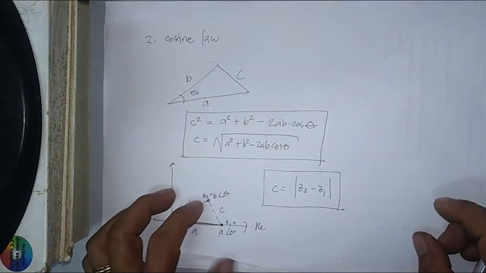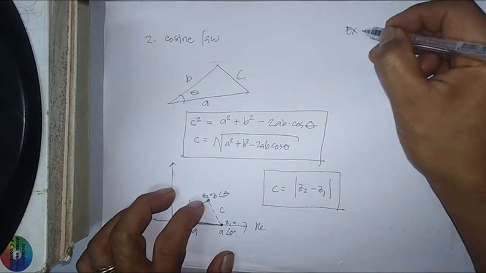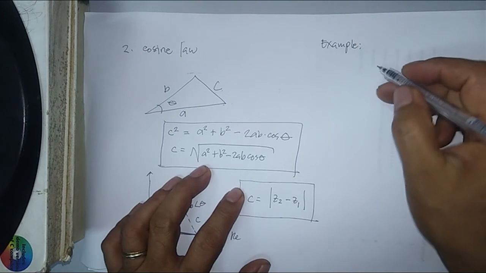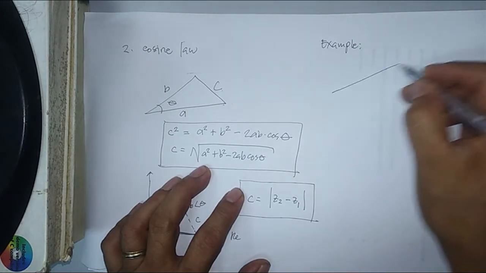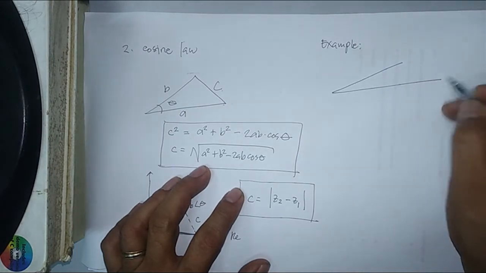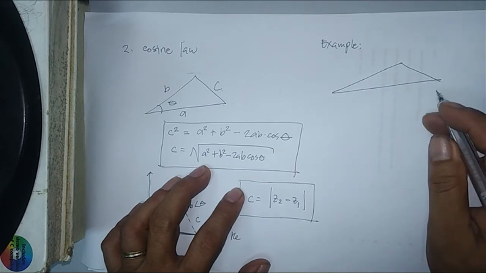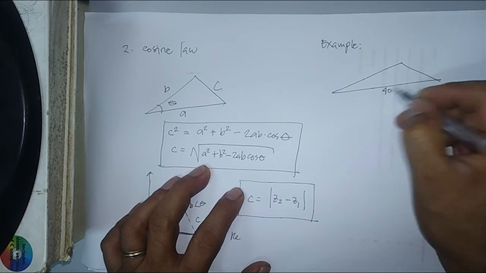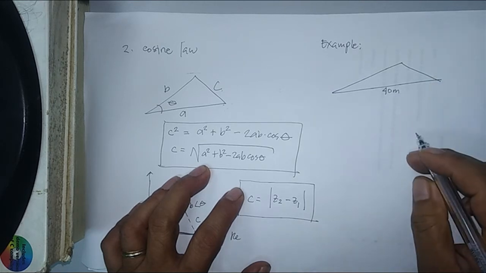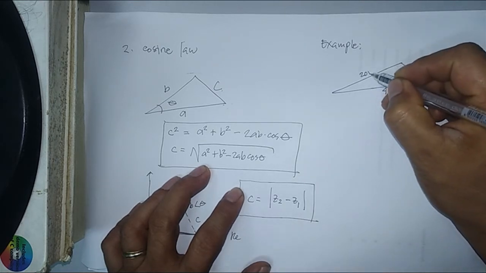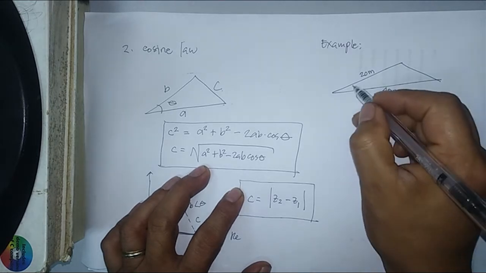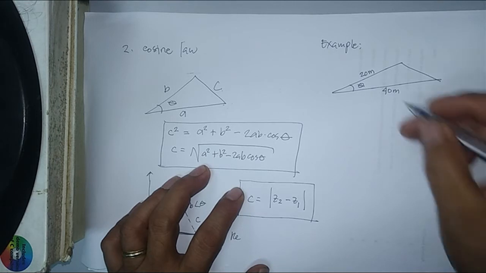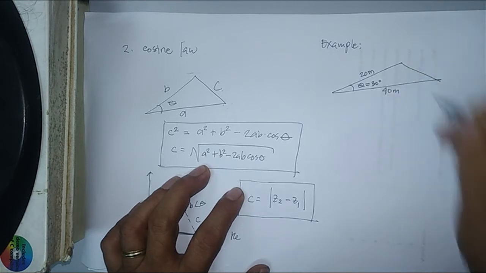Let's try to solve one problem here. For example, given this triangle, I will label its sides 40 meters and 20 meters, and the angle between the sides is equal to 30 degrees.